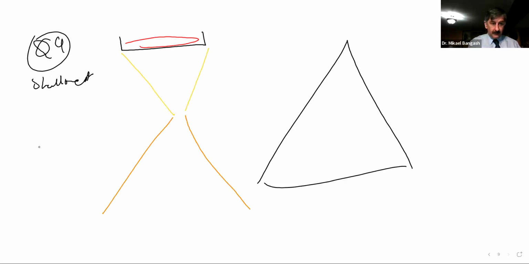Beginning of far zone. Beginning of far zone is this part here, which is just your focus, but it's also the beginning of your far zone. Beginning of focal zone: if this here was your focal zone, the beginning of the focal zone will be here.